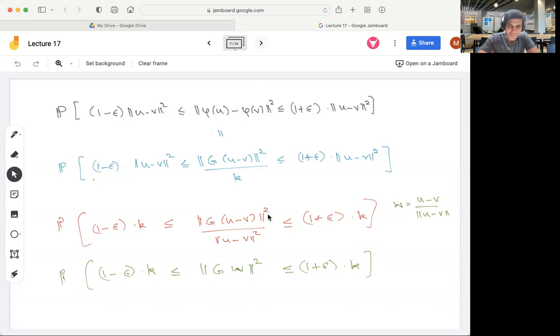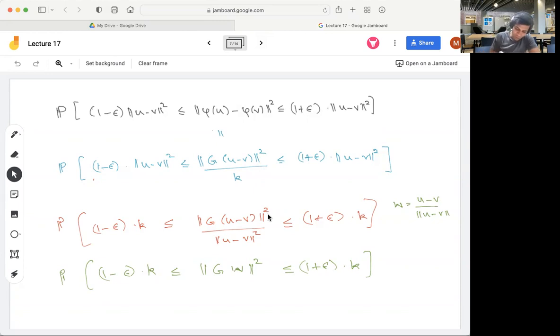So now let's study this last line, which is the probability that the norm of G times w is between 1 minus epsilon times k and 1 plus epsilon times k.